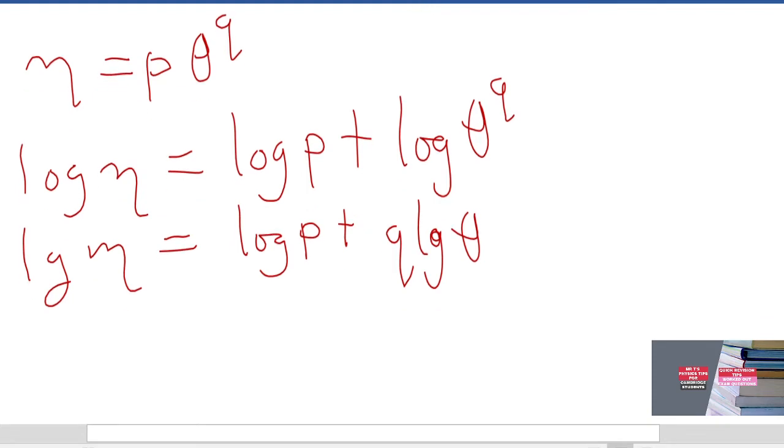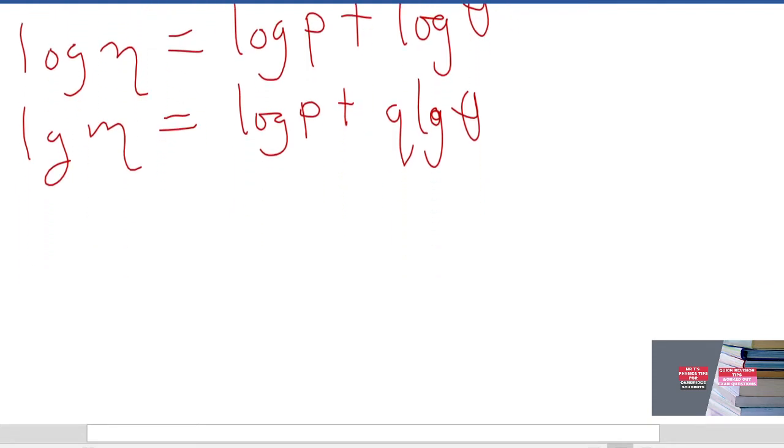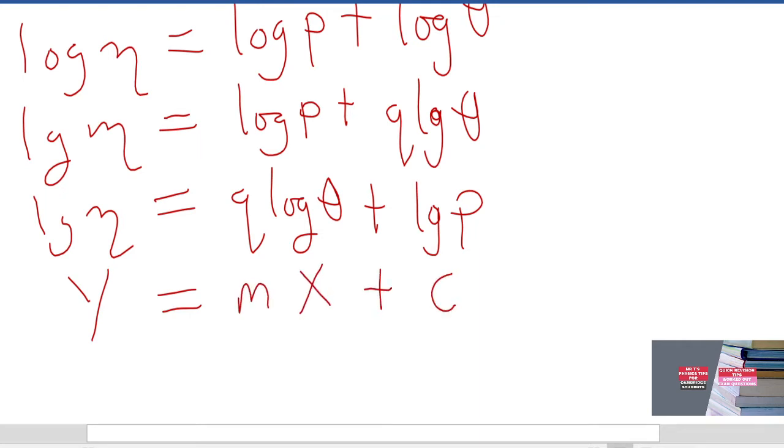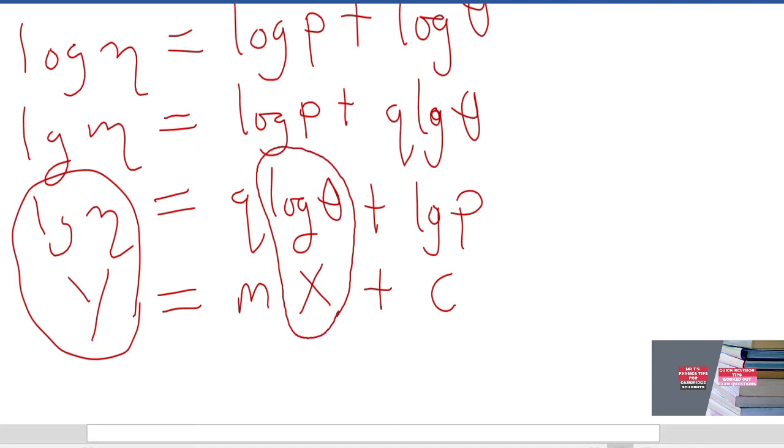Now rearranging it so that it is in the form y is equal to mx plus c, you have log of nu is equal to Q log theta plus log P. So in the form of y is equal to mx plus c, log of nu, that is our viscosity, is the y, which goes on our y-axis, and log theta goes on our x-axis.